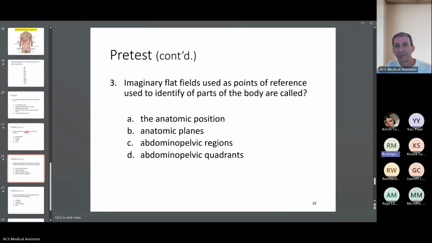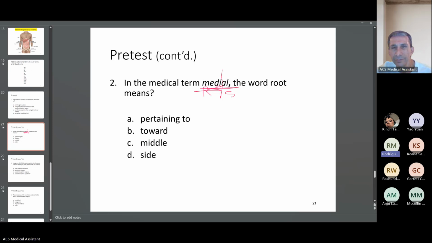Professor, I have an observation about question number 2. Go ahead. When you broke it down, that's when I read the word root in the question. So for future reference, we should really read those questions, because if it said something else, it would have been wrong. Right, that's what I'm saying. You see, you have word root. The word root means, so the first thing that you have to do, as I mentioned before, is to divide the medical term so you know which one is the word root, what is the prefix, what is the suffix, because that's what they like to ask.